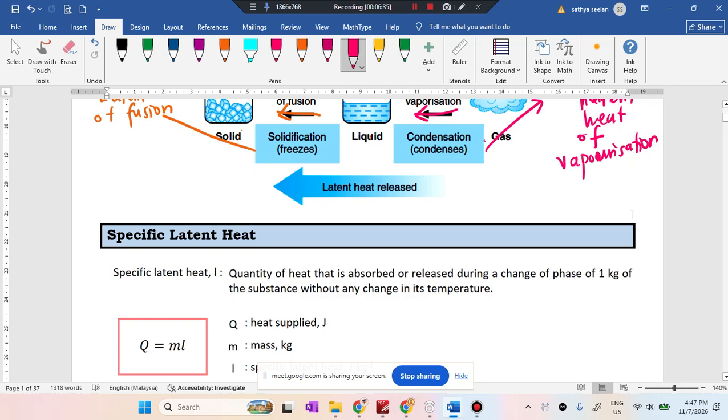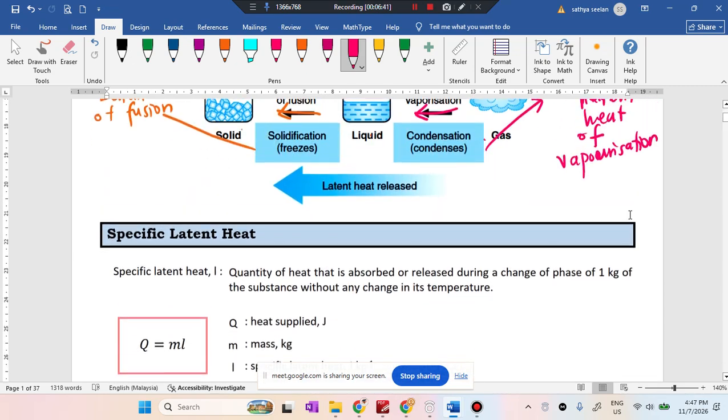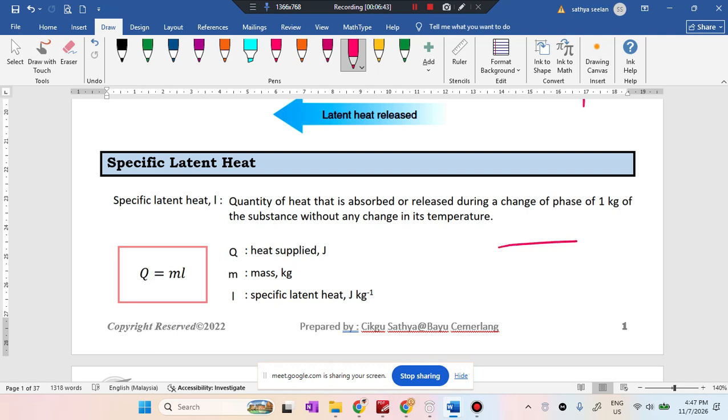But then let us compare and contrast a little with what we learned in 4.2. This is 4.2, this is 4.3. This is temperature change. This is phase of matter.